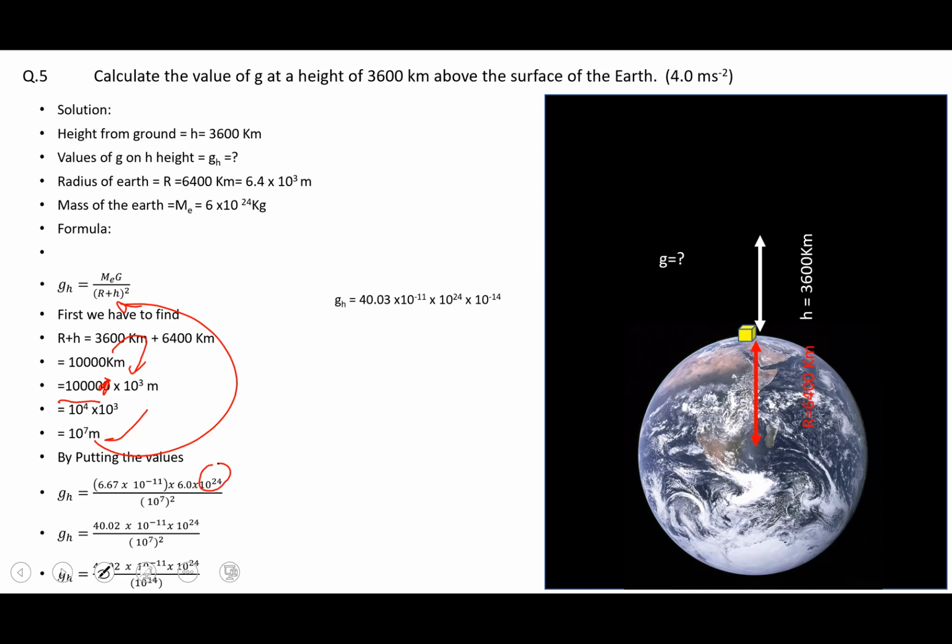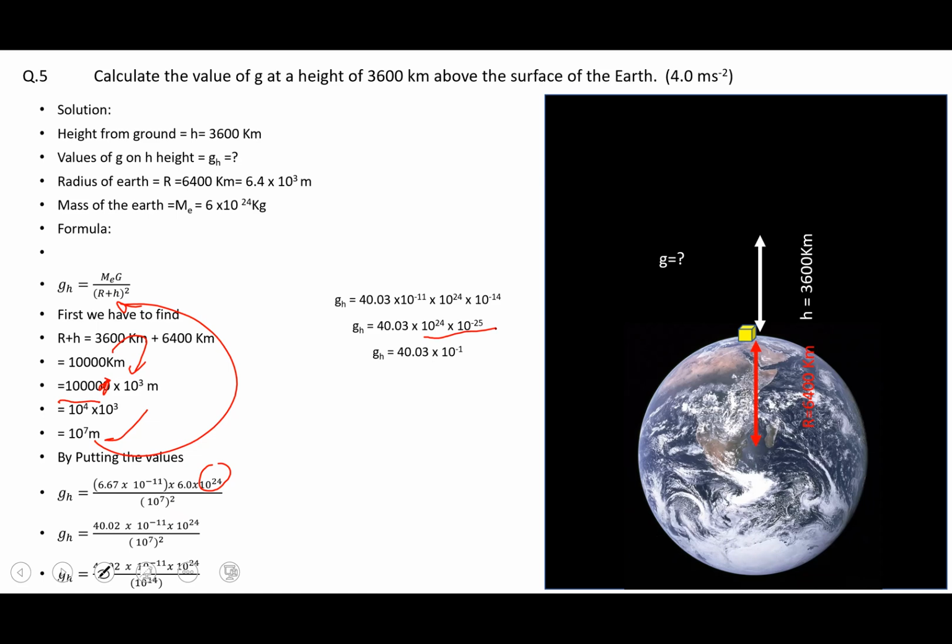So g_h is equal to 40.03 into 10 to the power 24 into 10 to the power minus 25. When we solve 10 to the power 24 and 10 to the power minus 25, g is equal to 40.03 into 10 to the power minus 1.